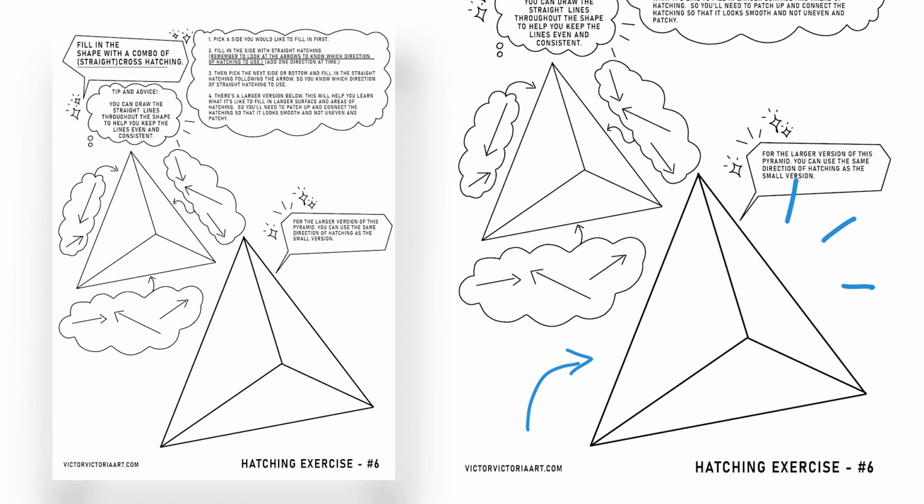and for this particular exercise, since it's a larger area that you have to fill in with hatching, this helps you practice patching up smaller areas of hatching, because drawing a straight large line can be a little more challenging and tricky.